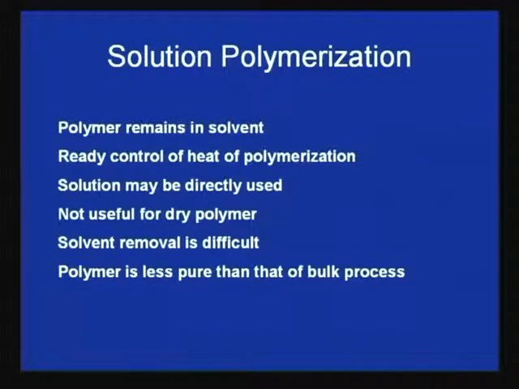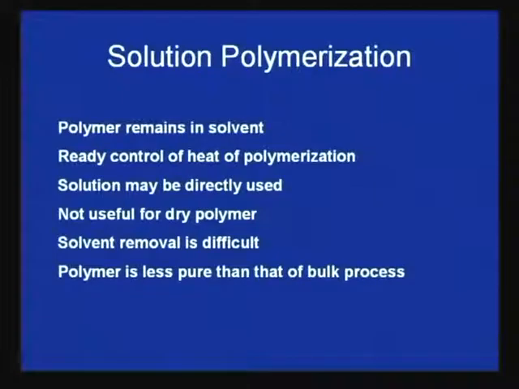Next, let us see polymerization in homogeneous system. So, we have seen bulk polymerization, some installations where different units are involved for getting polymer granules or flakes or fibers etc. from a homogeneous system, and you have seen the merits and demerits of that bulk polymerization.